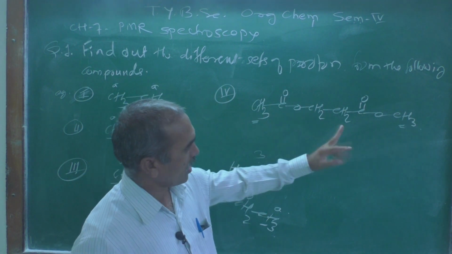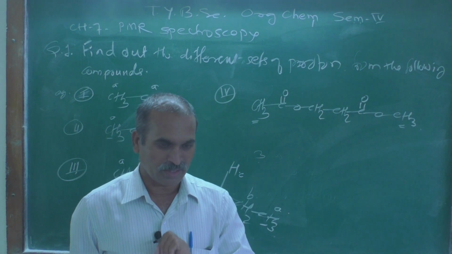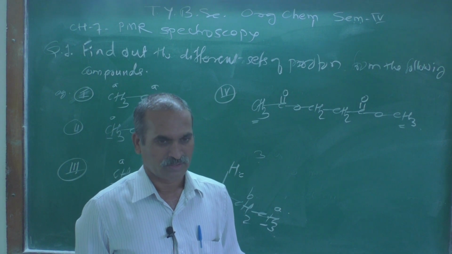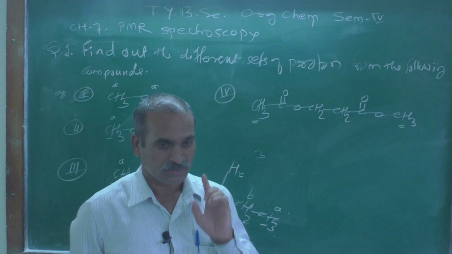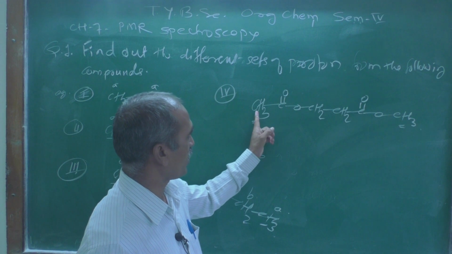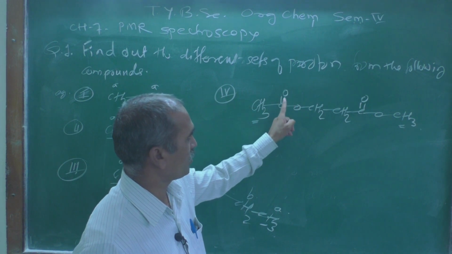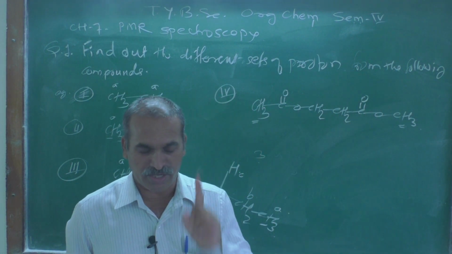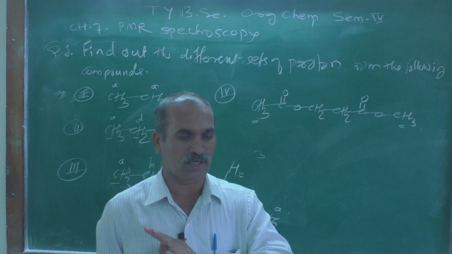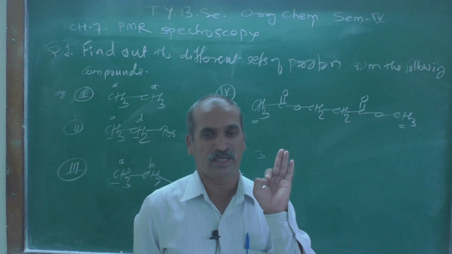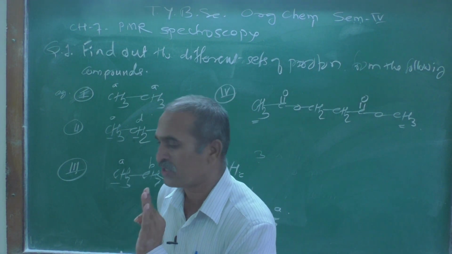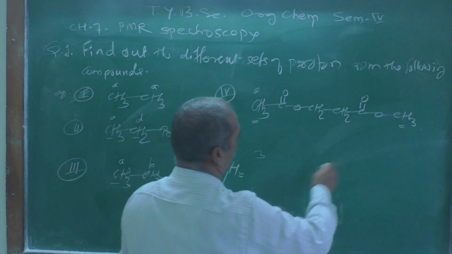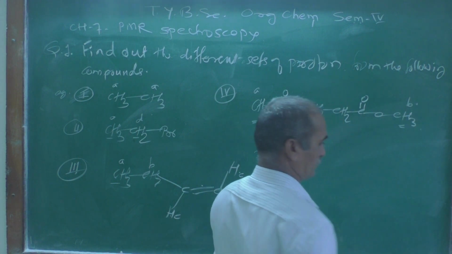Are these two methyl groups chemically equivalent or chemically non-equivalent? This methyl group has an adjacent carbonyl carbon, but this methyl group has an oxygen atom, and therefore definitely they are not identical. They are present in different chemical environments, and therefore you can label one as A and the other as B.